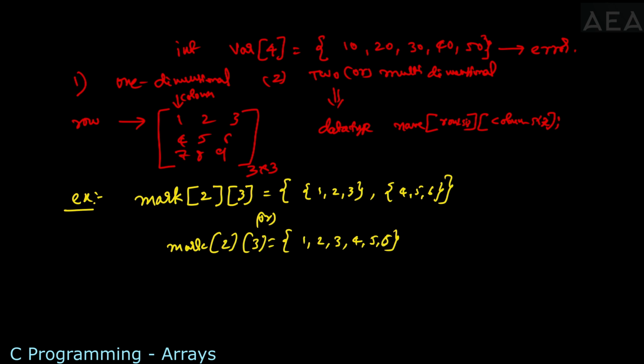Internally it assigns like that. So these come under initialization of a two-dimensional array, and this type of representation is used for the analysis of matrices. For matrix addition and matrix multiplication, we can use two-dimensional arrays.